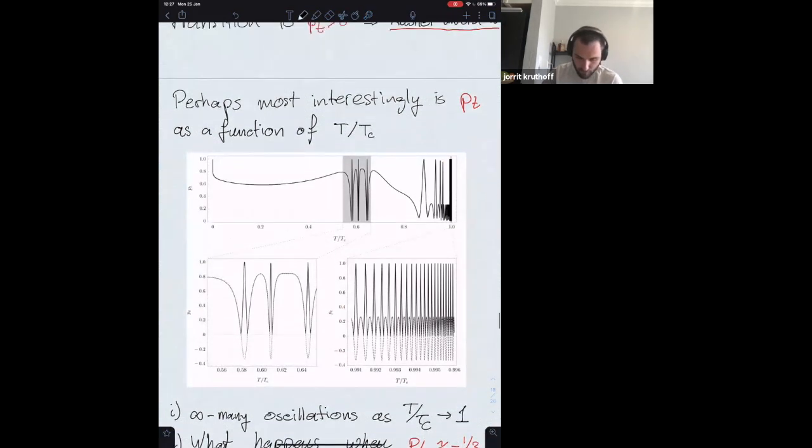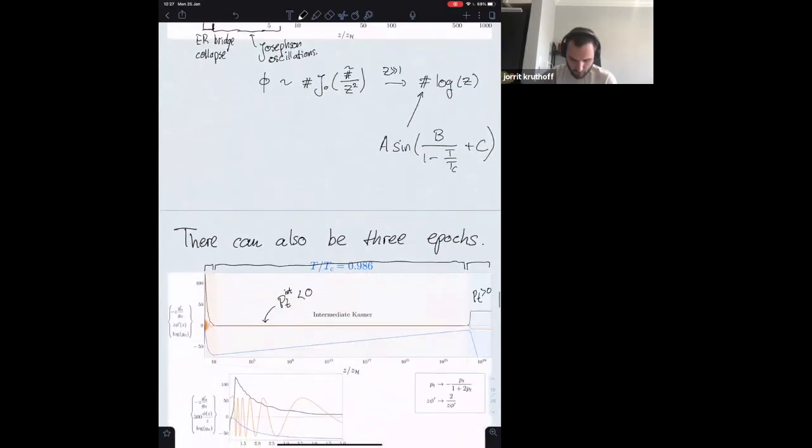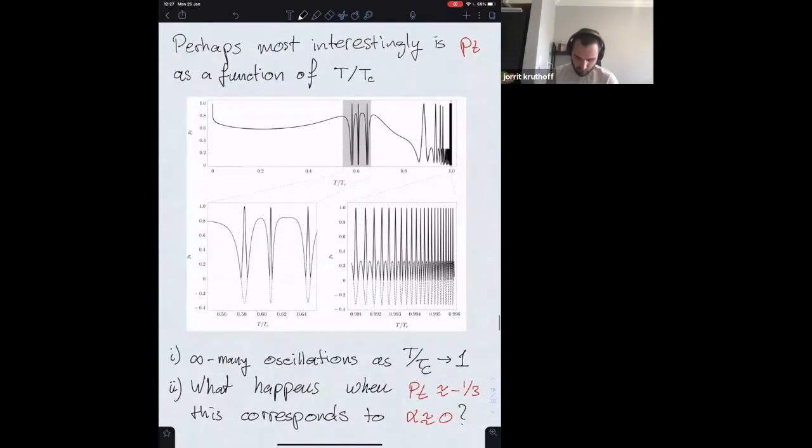Basically, if we go back a little bit here, you can show that this coefficient that determines the Kasner exponent has a behavior that goes like 1 over T over TC plus C. And so you see here, because of this inverse power, there will be an infinite number of oscillations as you approach TC. So you can look at that analytically, find that behavior, and match it with numerics.